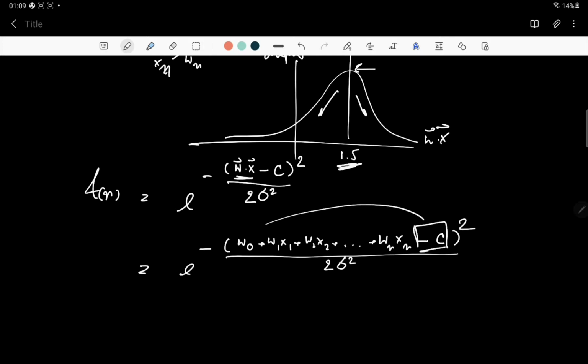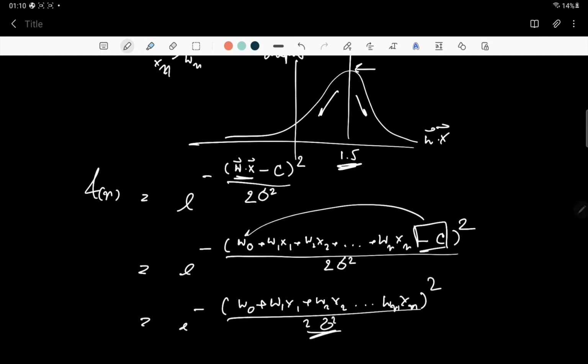Both of them are constant, right? So if both of them are constant, we can combine it again into w0, because w0 can be just w0 or w0 minus c. It is a constant, so it can be the same.